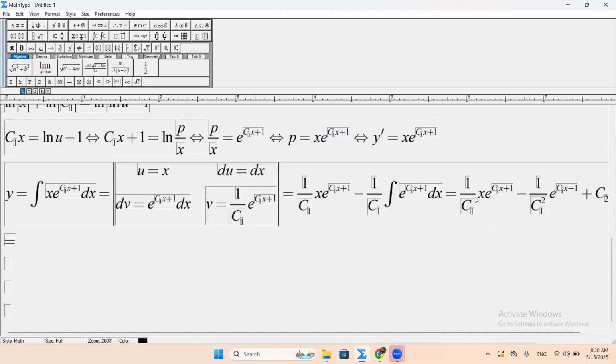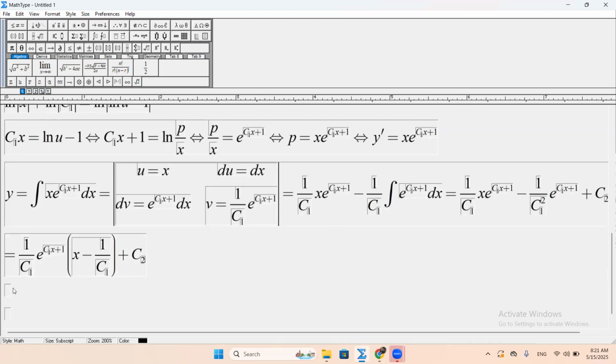I will move 1 over c1 out of brackets, and the exponent will be moved out of brackets as well. So what do we have here actually? x minus 1 over c1, and plus c2.